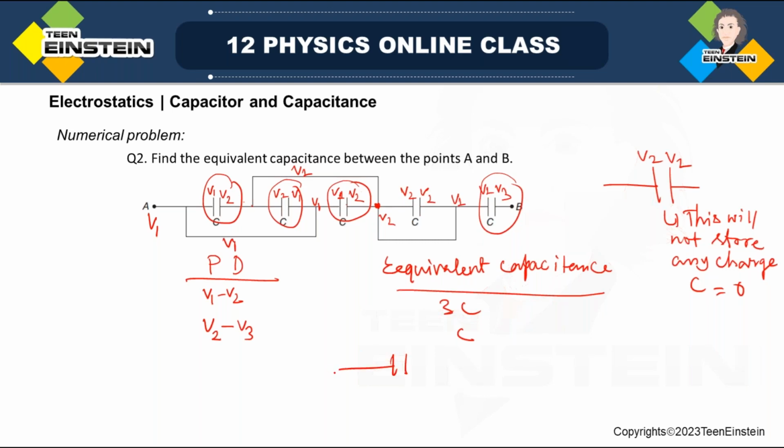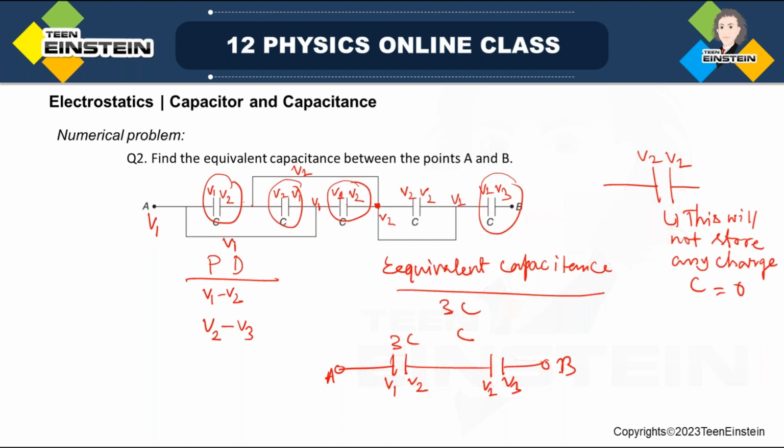So this is 3C from A all the way here. This is V1, V2, and then this is V2, and this is V3. These are all in series actually.